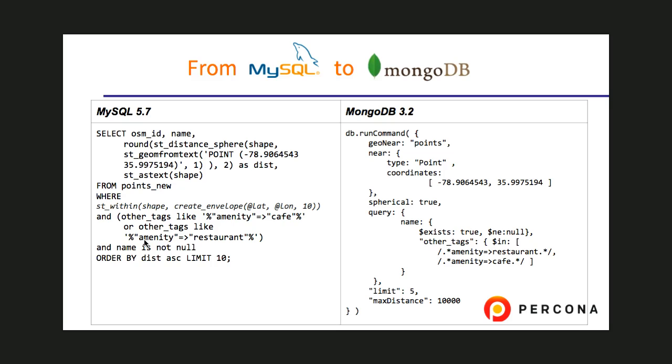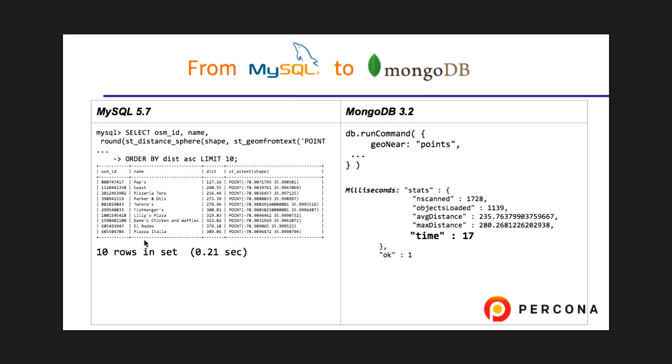This is the same as using ST_Distance_Sphere here, so we use the same algorithm to give us the actual distance on a sphere. And then we specify max distance. This restriction works similar to what we are doing manually here with the create envelope.